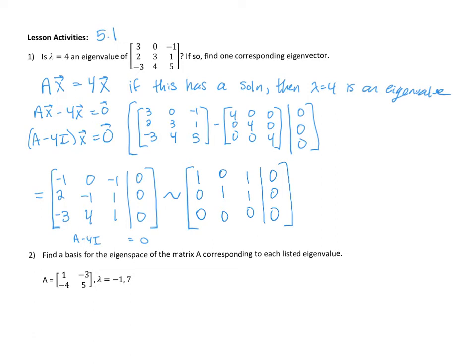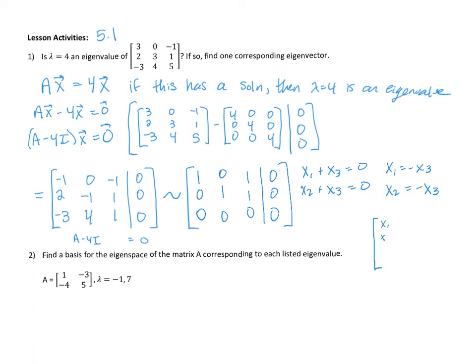So let's write it out. This says x1 plus x3 equals 0, and x2 plus x3 equals 0. Solve for the basic variables or the pivot variables. x2 is the opposite of x3. So I can pick any solution, anything that satisfies this would be an eigenvector.